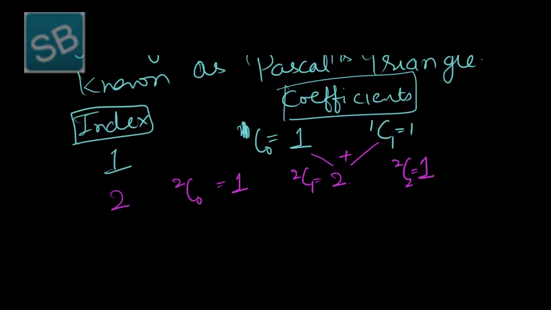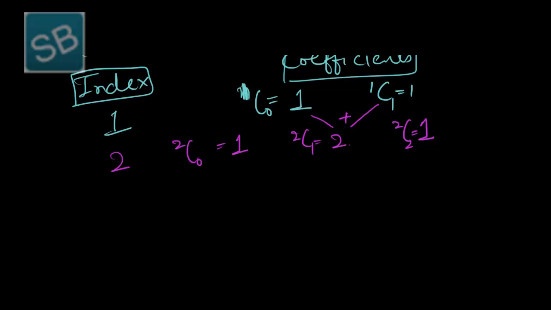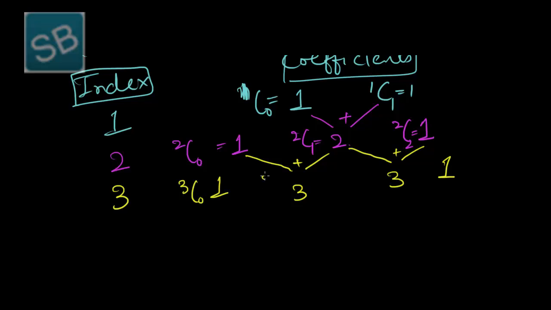Now let's see when n is equal to 3. So it is 1 and 1 here, and we have 1 plus 2 on adding, that is 3, and 2 plus 1 on adding gives 3. So it is 3C0, 3C1, 3C2 and 3C3.